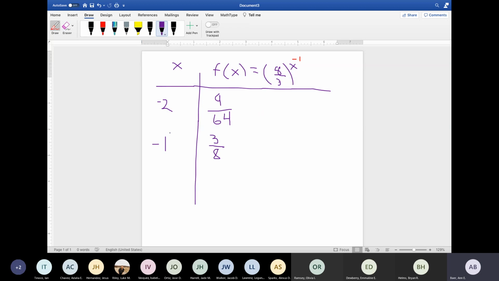So this time we want to have our x be 0. So if we take out this right here, we are going to insert 0 there. And if we do 8/3 to the 0, we just go to our calculator, 8 divided by 3, Mountain Peak, 0, and then do enter.